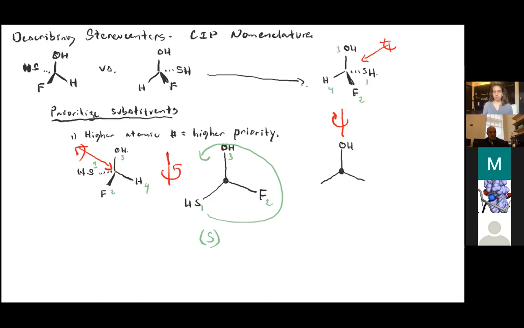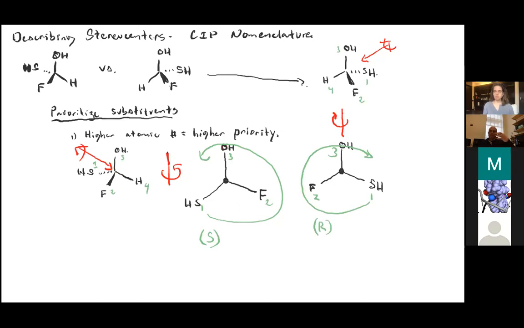Then I need to think about the remaining 2 substituents. The fluorine gets rotated off to the left and the sulfur ends up on the right. We add the priorities again, 1, 2, 3. We draw an arrow from 1 to 3. That runs in a clockwise direction. And so that is what we call the R enantiomer, okay?